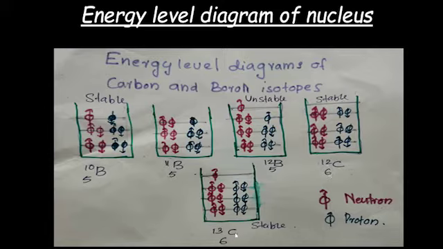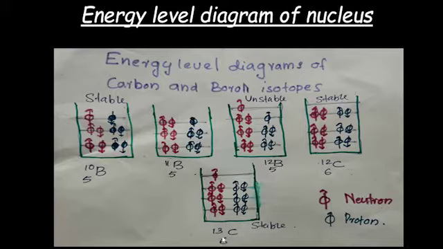Then what about carbon-13? It is an isotope of carbon. What is an isotope? Nuclei or atoms having the same atomic number and different mass number are known as isotopes. So they have the same atomic number, that is, the same number of protons, but the number of neutrons will be different.